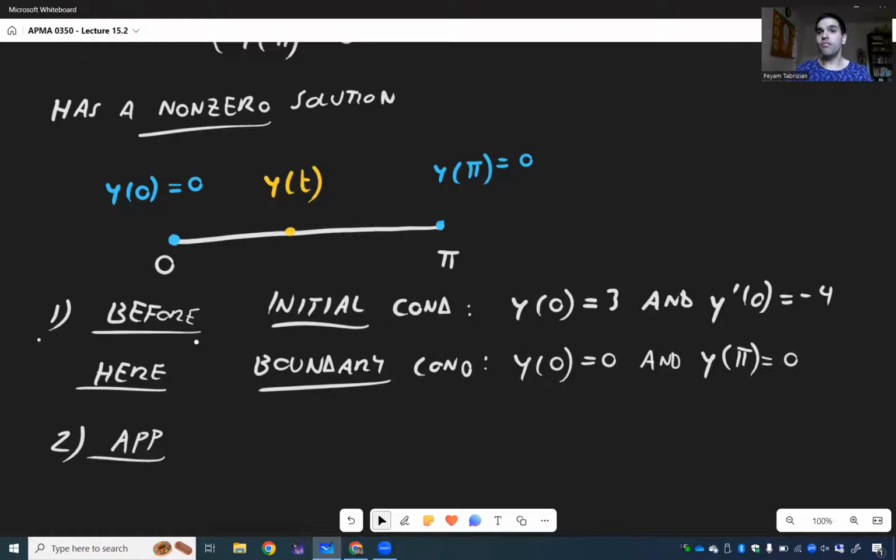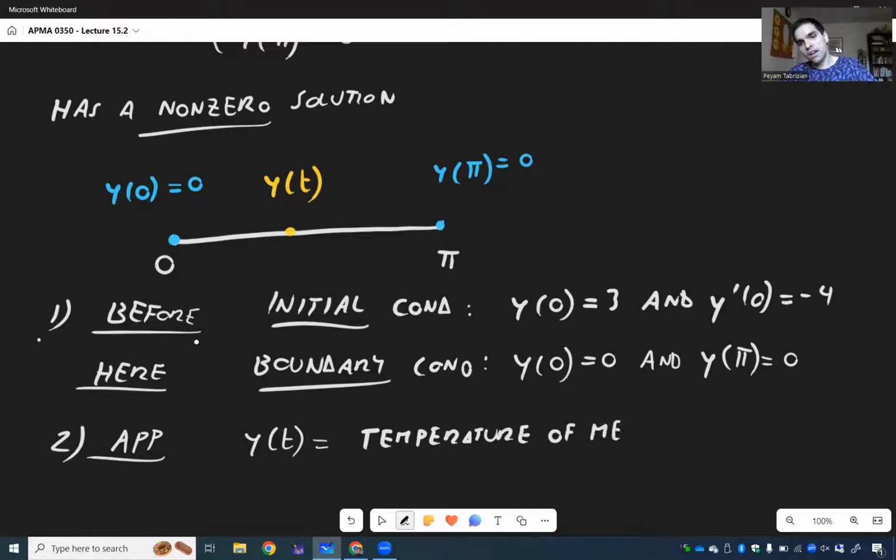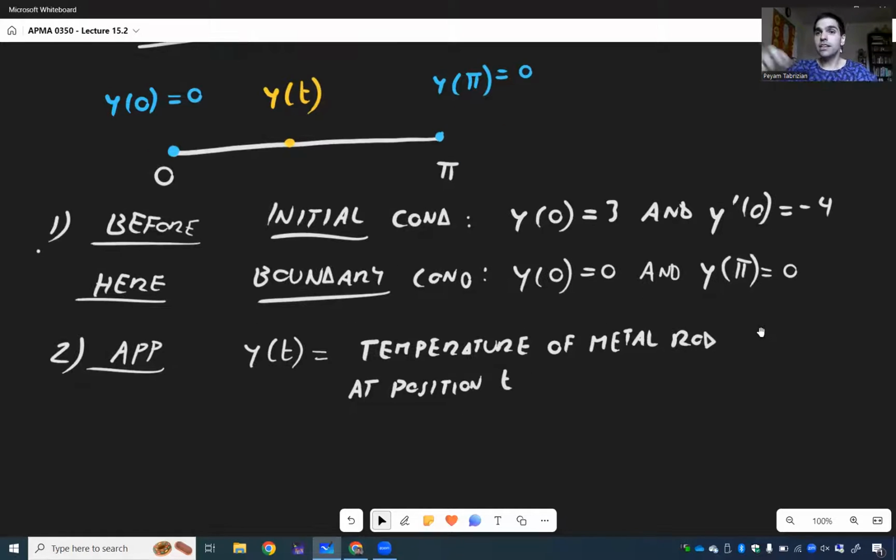And the second thing I want to talk about, so this is very important in applications, because sort of in a simplified fashion, here y of t represents the temperature of a metal rod, but not at time t, but at position t. And this y of 0 equals 0 and y of pi equals 0 just means that we're putting an ice cube on both sides of the rod.